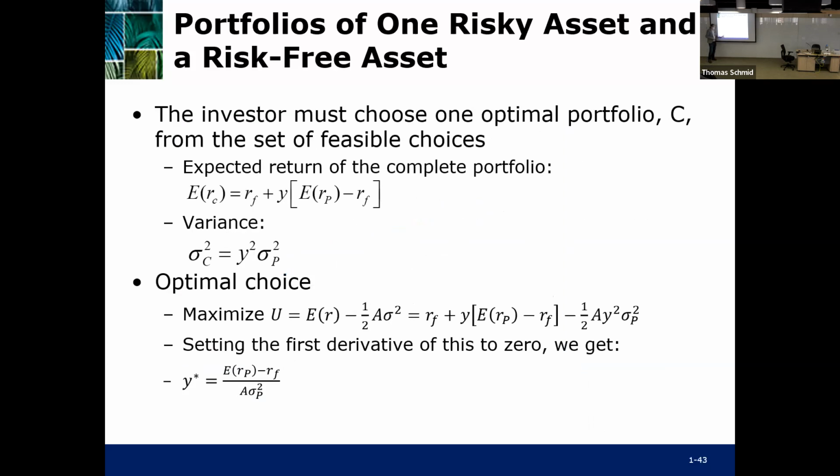So the A here is the reason why all of us will have a different complete portfolio in this world, because you might have a higher or lower A than I or your classmates. So you will have a very specific combination of F and P that maximizes your own utility. Clear?